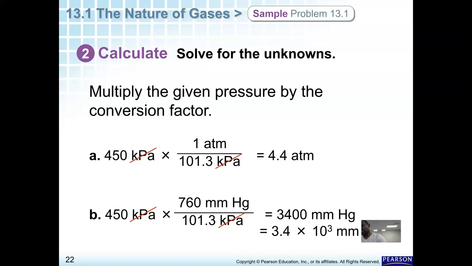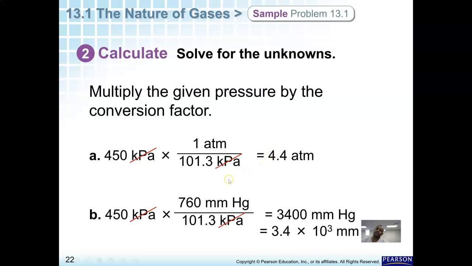So you take 450 kilopascal multiplied by the conversion factor. Kilopascal cancels kilopascal, and the remaining unit will be ATM. Therefore, if you multiply 450 times 1 over 101.3, it will give you 4.4 ATM. Remember, this number has 2 significant figures, and the final answer must have 2 significant figures.